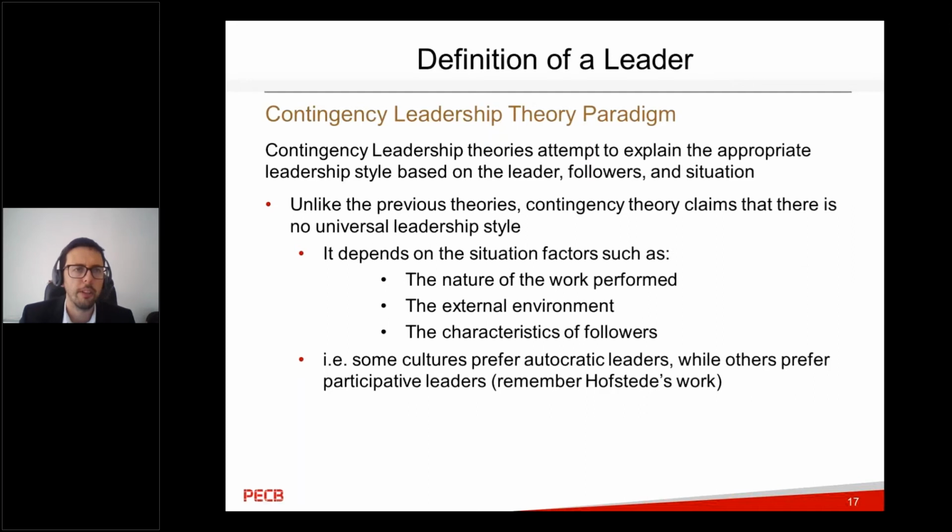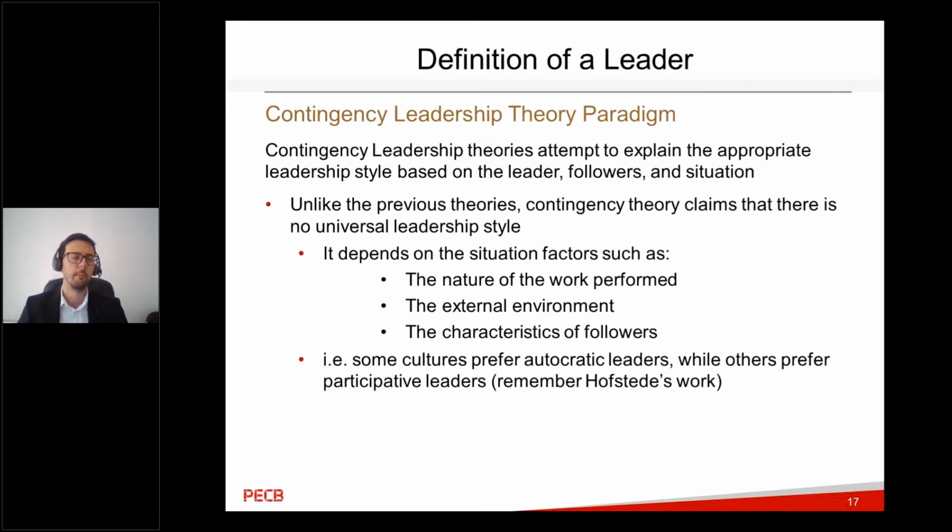So when we talk about the contingency leadership theory paradigm, we are recapping that both trait and behavioral leadership theories usually attempt to find just one best leadership style. So we are trying to understand what are the best traits or the best behavior.